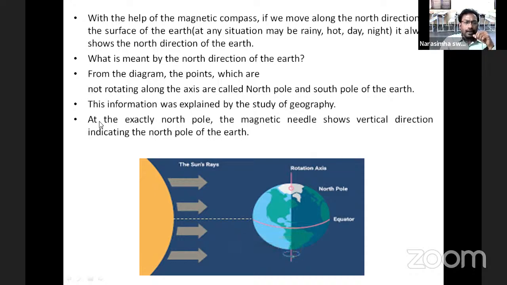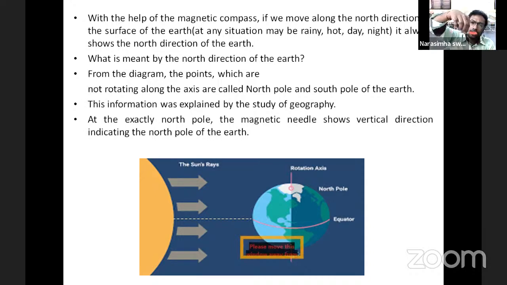Now, at exactly the north pole, the magnetic needle shows vertical direction, indicating the north pole of the Earth. I will explain this vertical direction. For example, here is a needle. If you hold it like this, it will show only horizontal deflection.